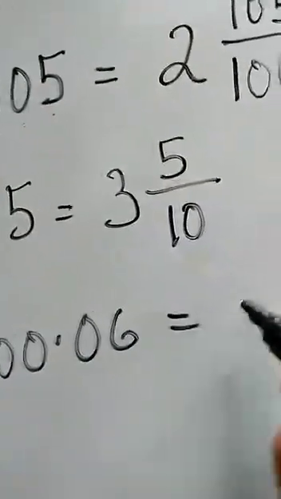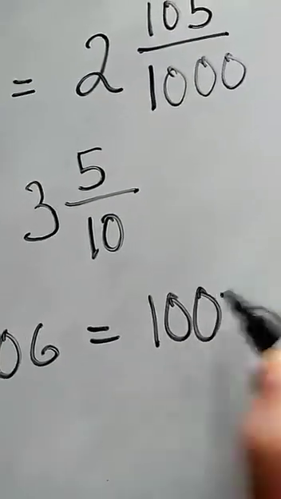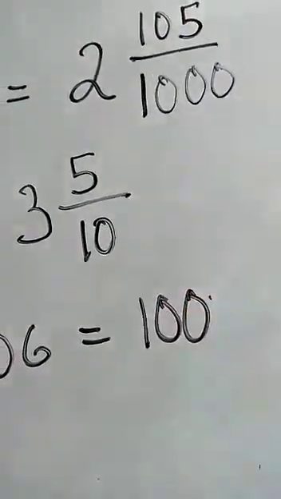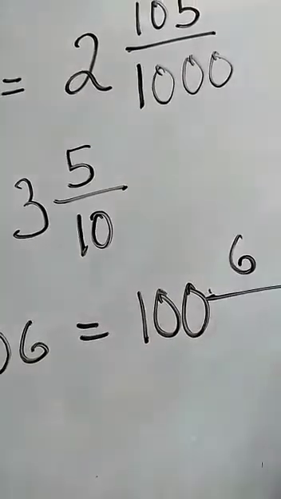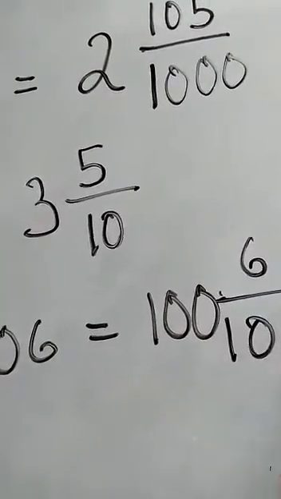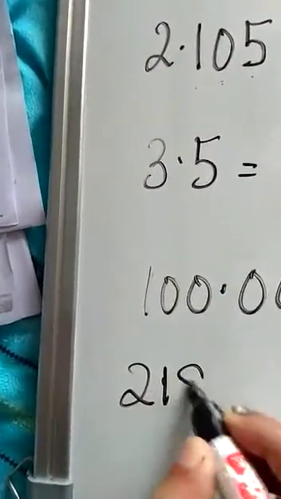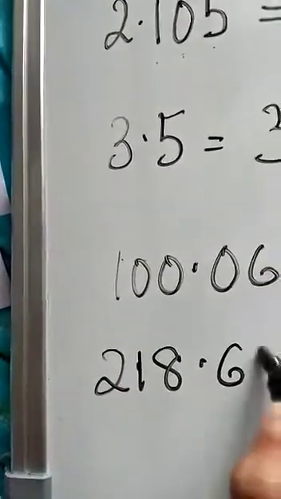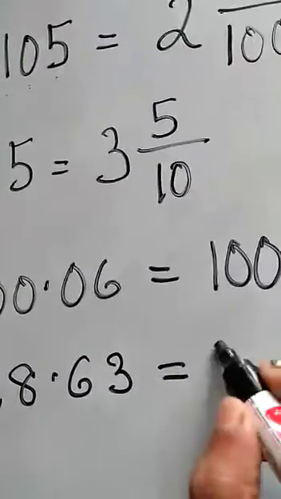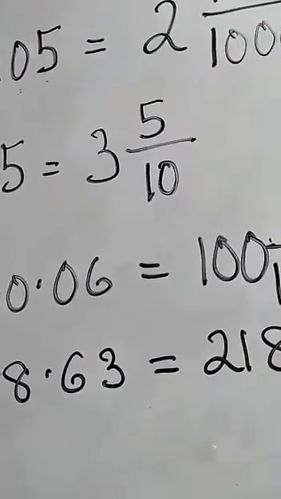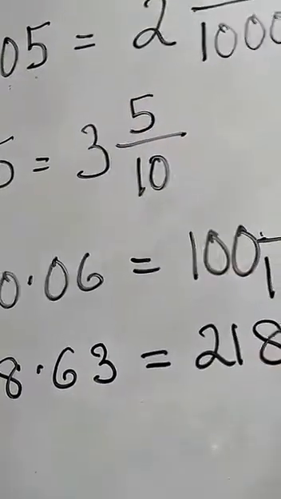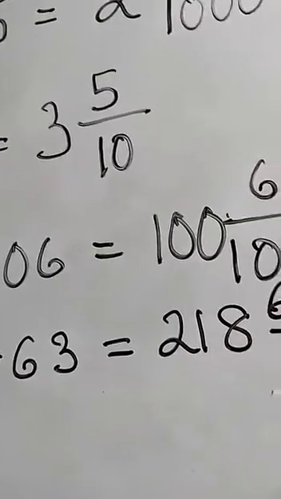Next one, 100.06. This you will write as 100, 6 by 100. Next, 218.63 is equal to 218, 63 by 100. Okay.